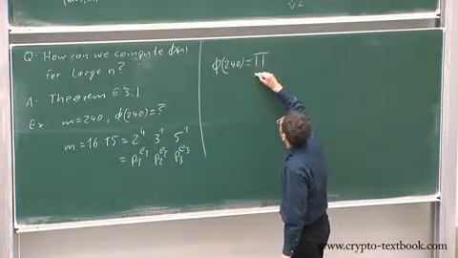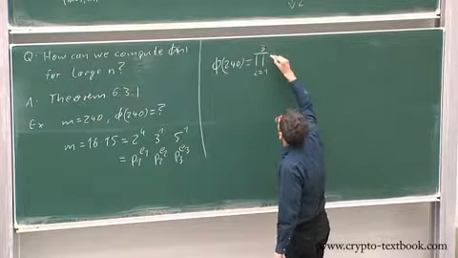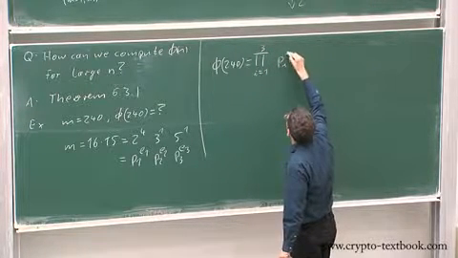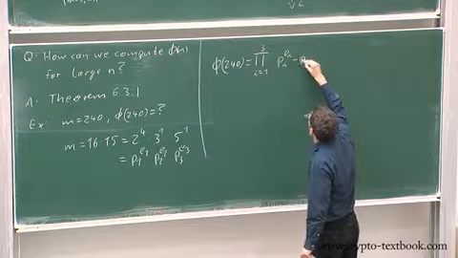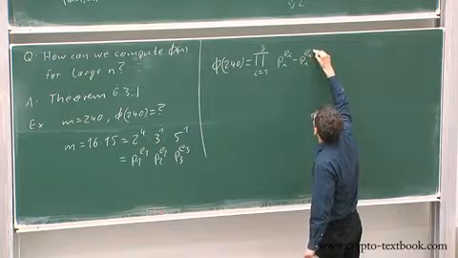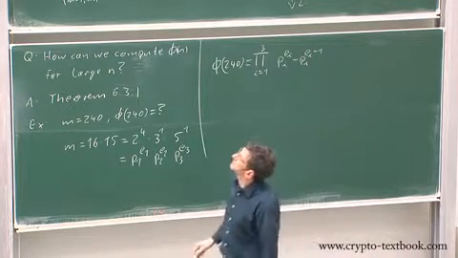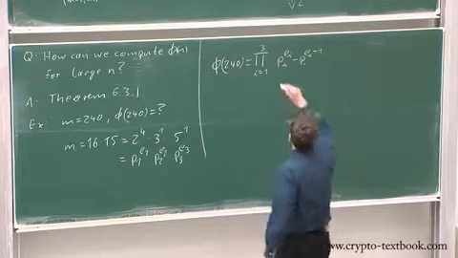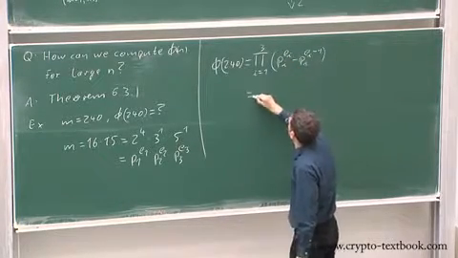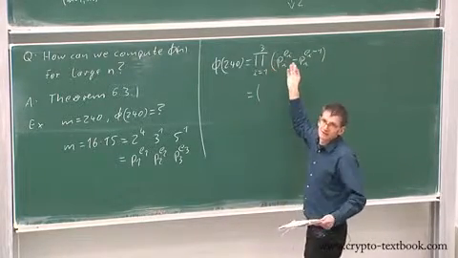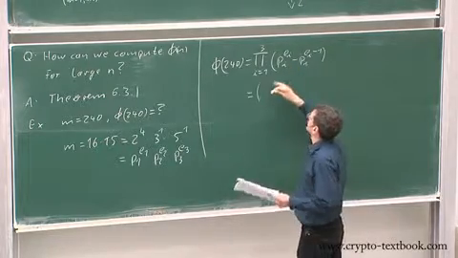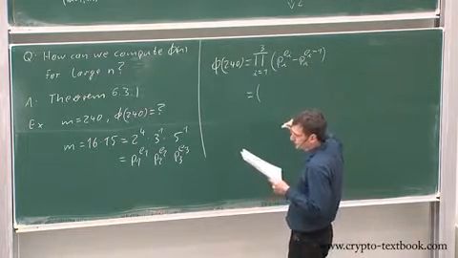So we run here from 1 to 3, and you do p_i to the e_i minus p_i to the e_i minus 1. And this is not a summation, this is a product symbol, right? The uppercase pi is a product symbol.